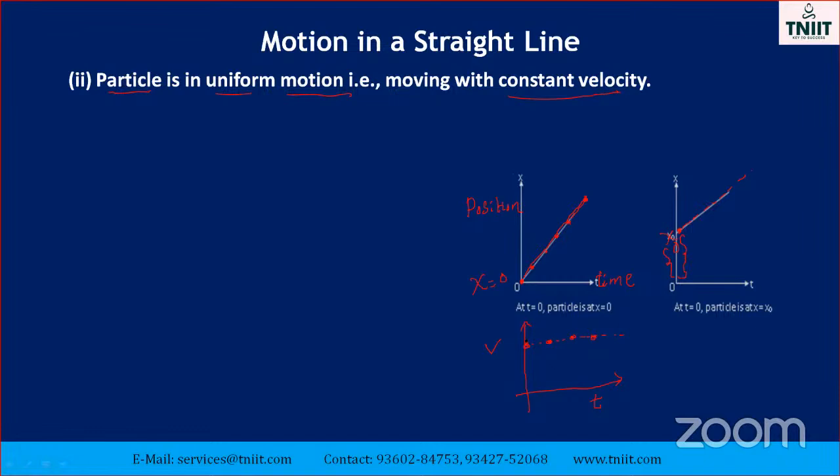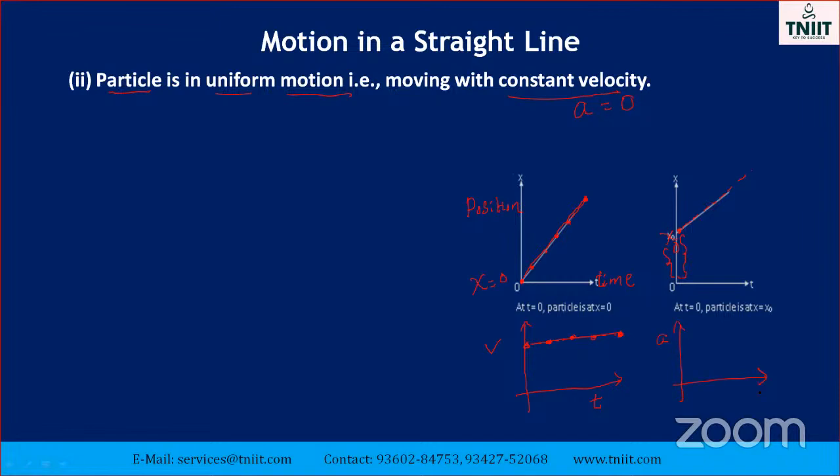Velocity is parallel to x-axis if the velocity is constant. If the velocity is constant, you know that the acceleration is 0.